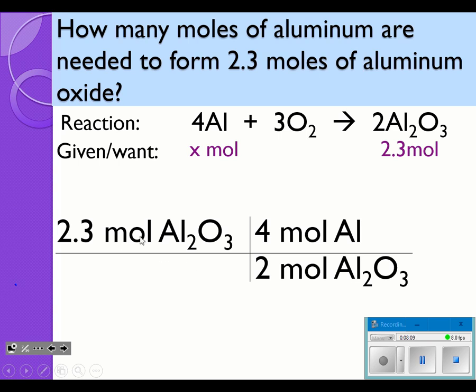Then that will allow us to cancel out the moles of Al2O3 on top and bottom, multiply across the top, divide by everything on the bottom, and we end up with 4.6 moles of aluminum. Okay, we have 2 significant digits to begin with, so our answer only has 2 significant digits also.